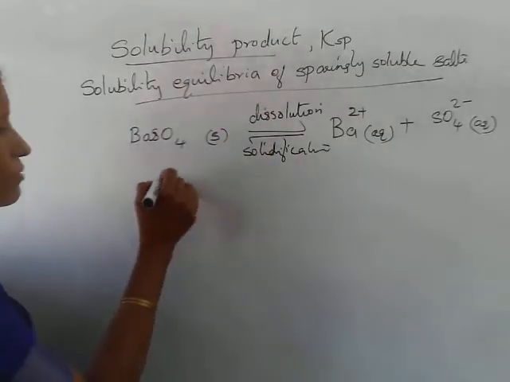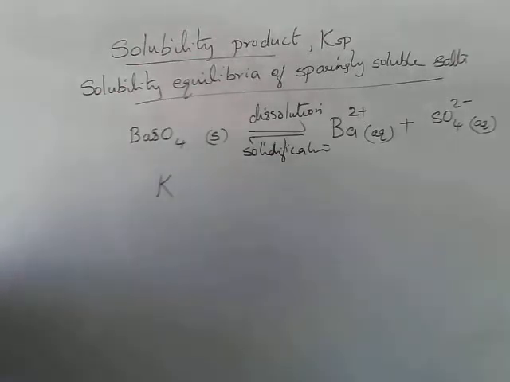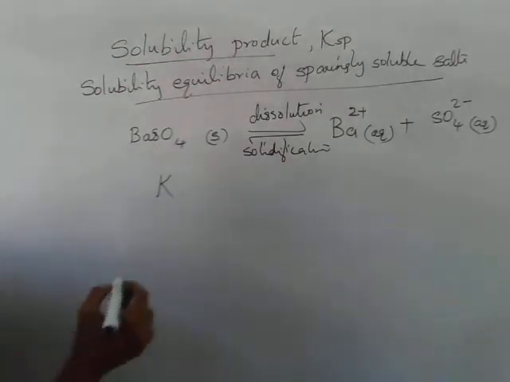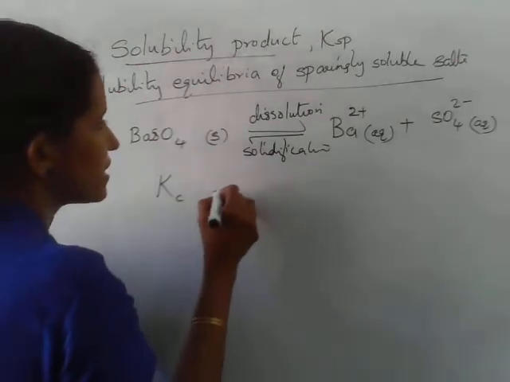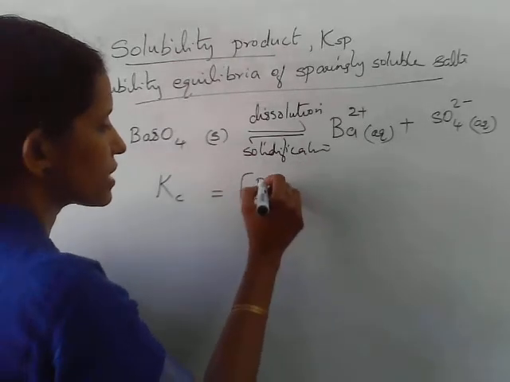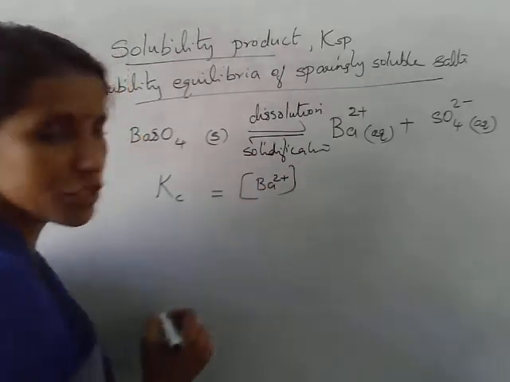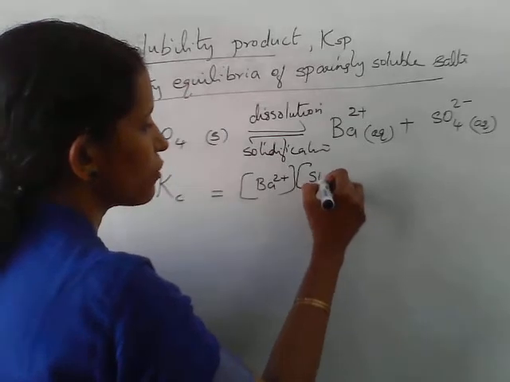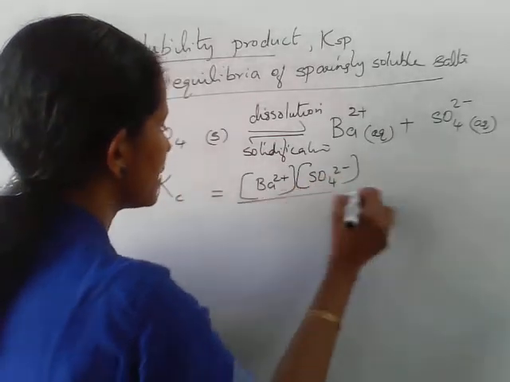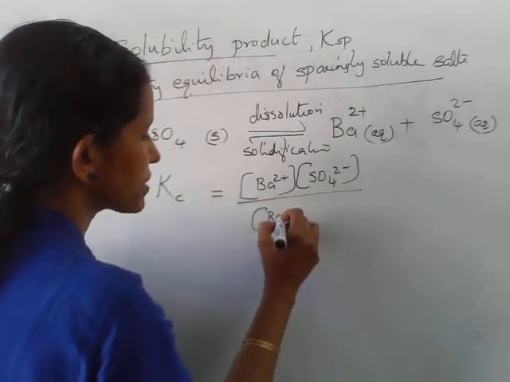If you write the equilibrium constant for this reaction, Kc can be written as the concentration of barium 2+ times the concentration of sulfate 2-, divided by the concentration of barium sulfate.